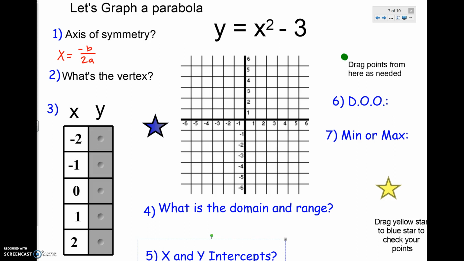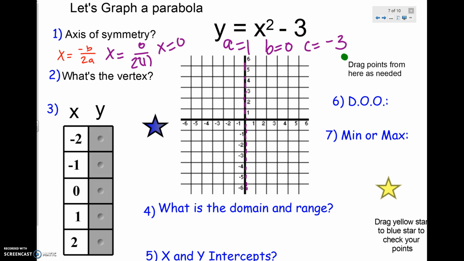Okay, so on this one, our A is 1, our B is 0, and our C is -3. So when we plug in for our axis of symmetry, we have 0 over 2 times 1, and 0 over anything we know is 0. So our axis of symmetry in this case is going to be 0.